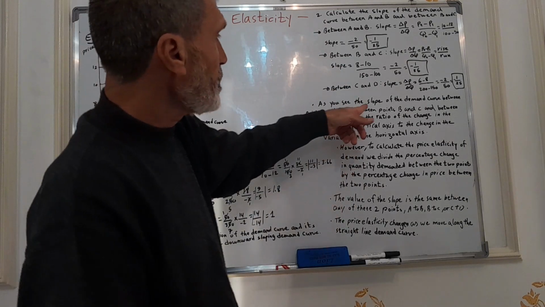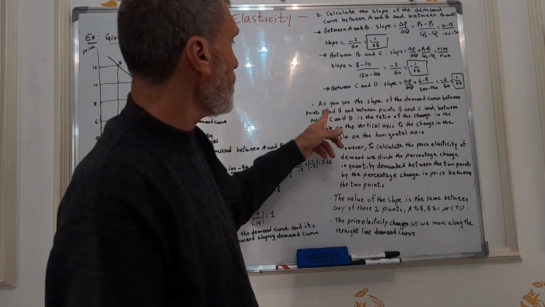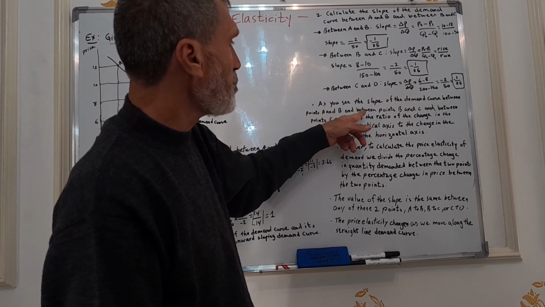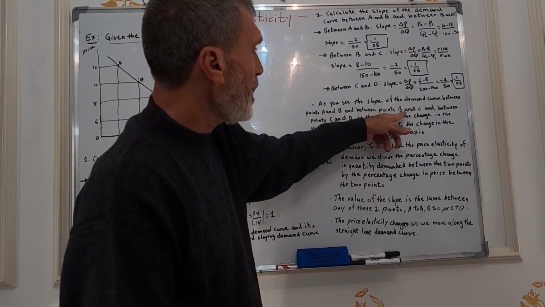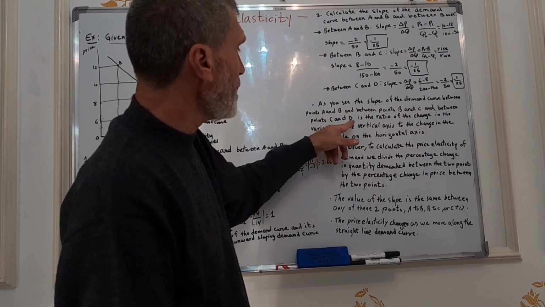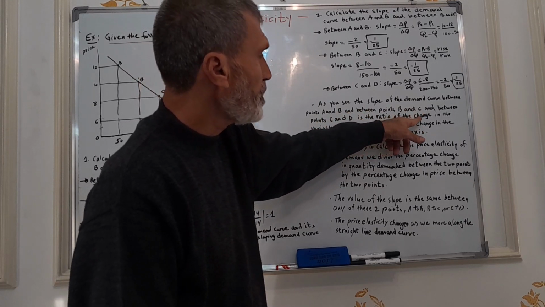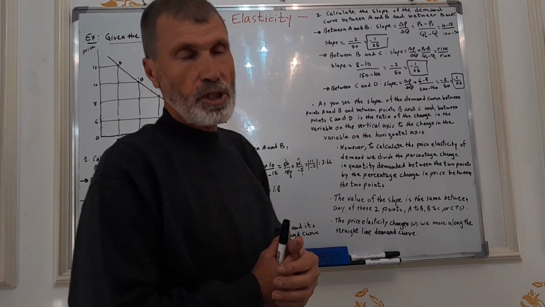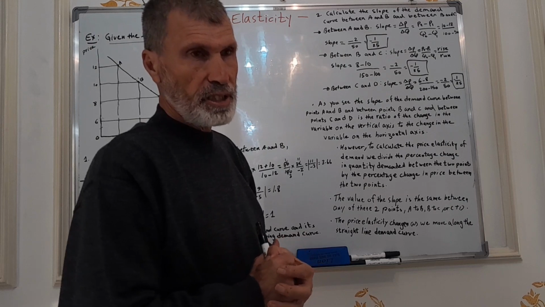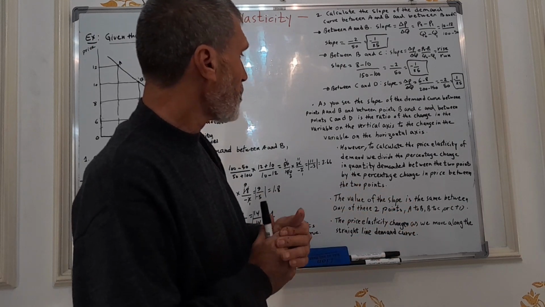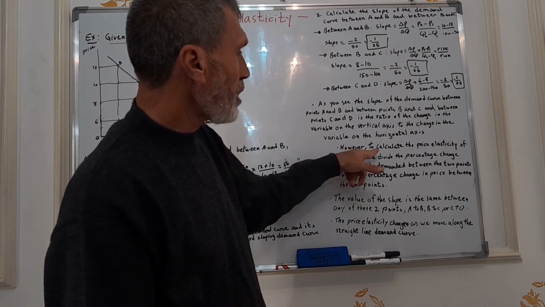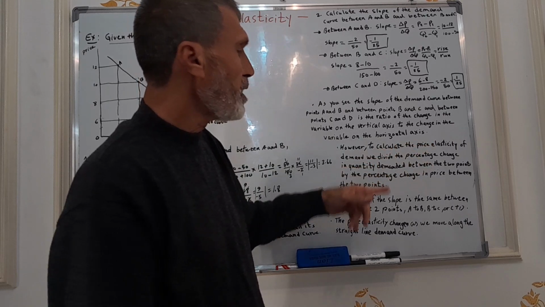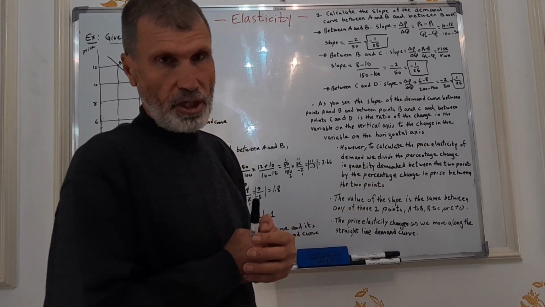So, as you see, the slope of the demand curve between points A and B, and between points B and C, and between points C and D is the ratio of the change in the variable on the vertical axis to the change in the variable along the horizontal axis, as I said already. However, to calculate the price elasticity of demand, we divide the percentage change.